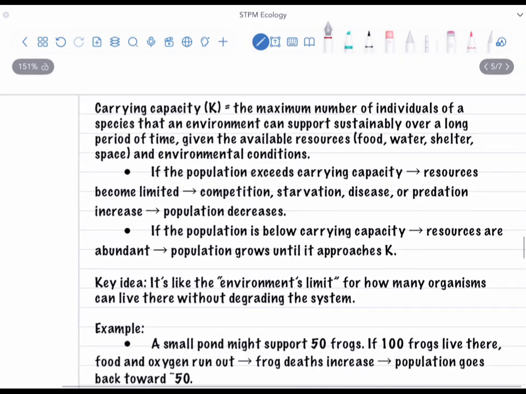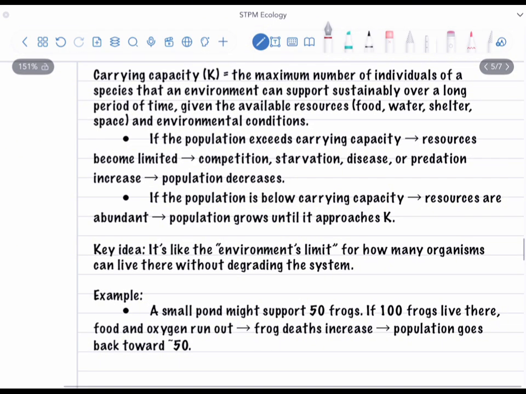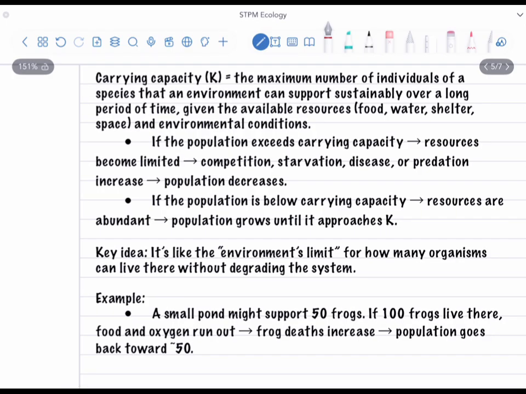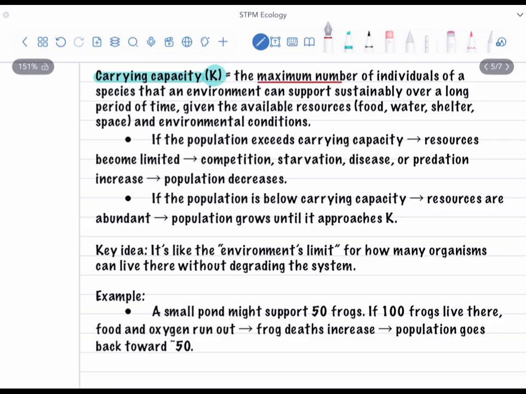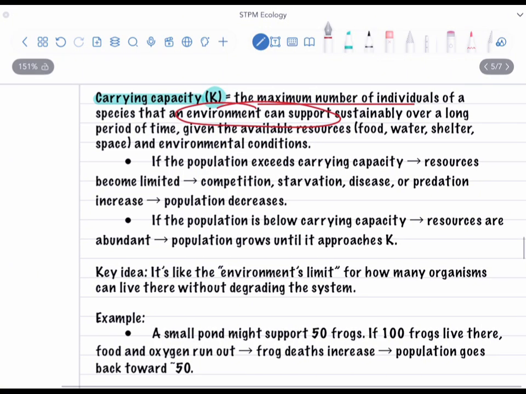Okay, next we are going to look at the last content, which is what is meant by carrying capacity. Carrying capacity has the symbol of the capital letter K. It is the maximum number of individuals that an environment can support sustainably over a long period of time, given the available resources such as food, water, shelter, and space.